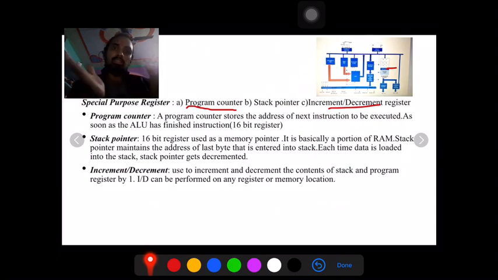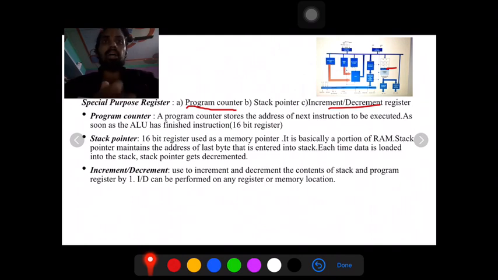So basically the timing and controlling unit controls your whole operation, the flow of data and information.